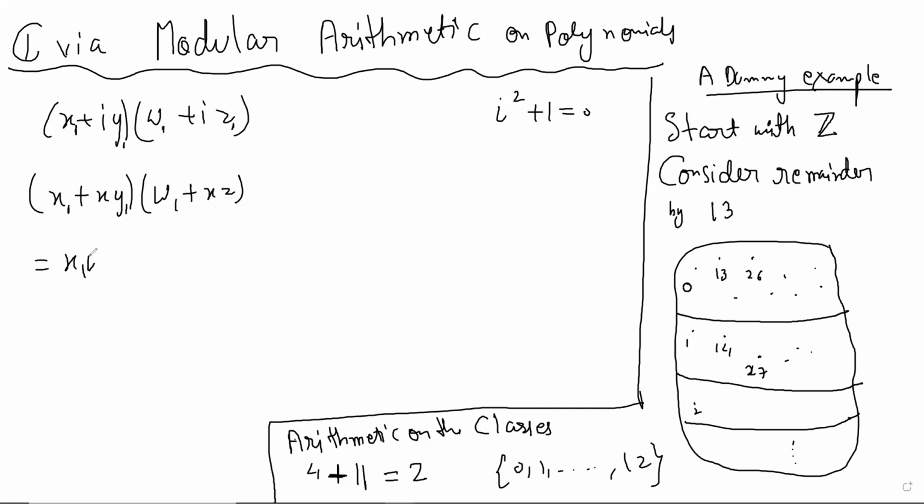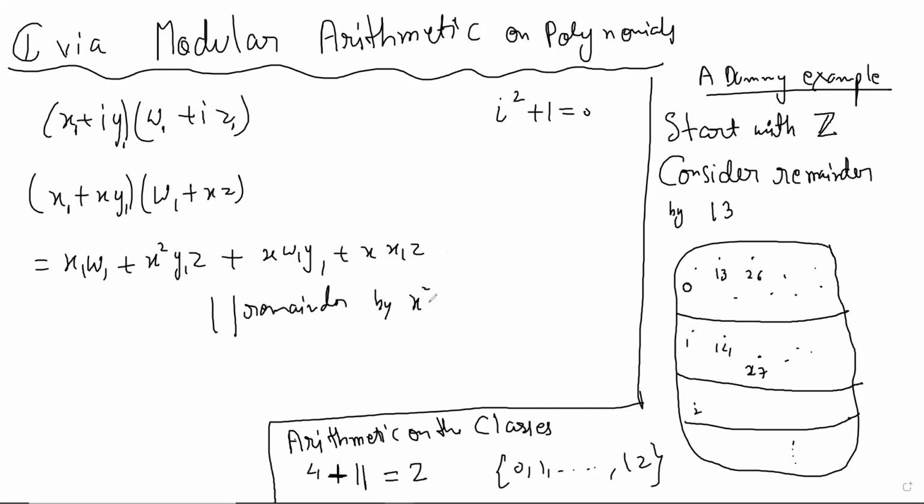So you just multiply it the usual way. You have multiplied it just like polynomials, putting it like that, and then the next thing is the remainder when divided by x square plus 1.